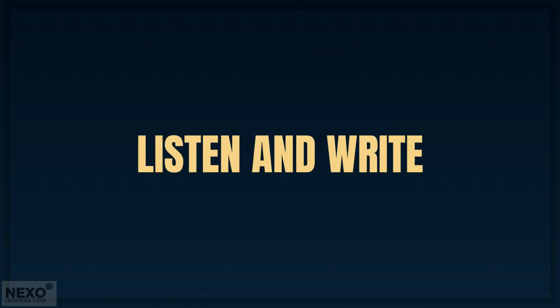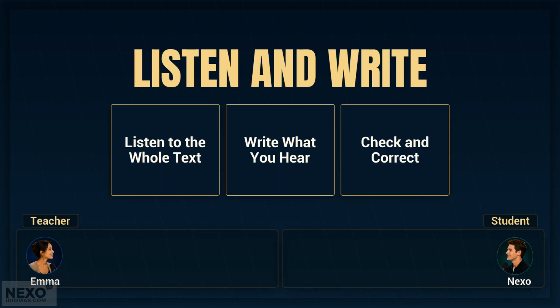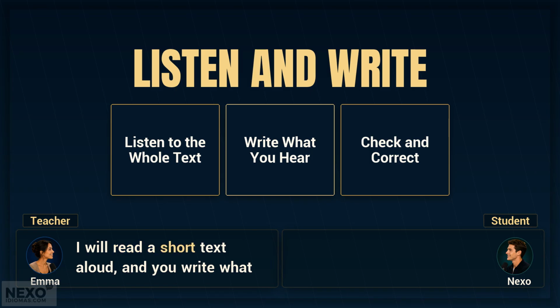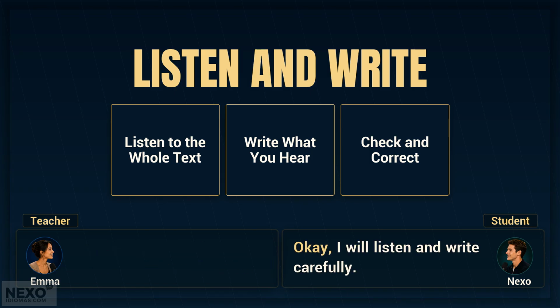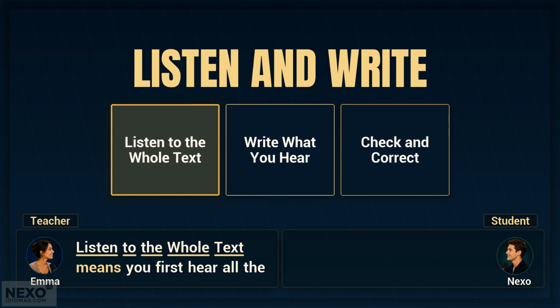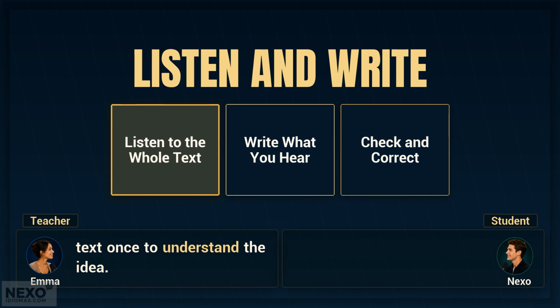Listen and write. This activity is a dictation. I will read a short text aloud, and you write what you hear. Okay. I will listen and write carefully. Listen to the whole text means you first hear all the text once to understand the idea.